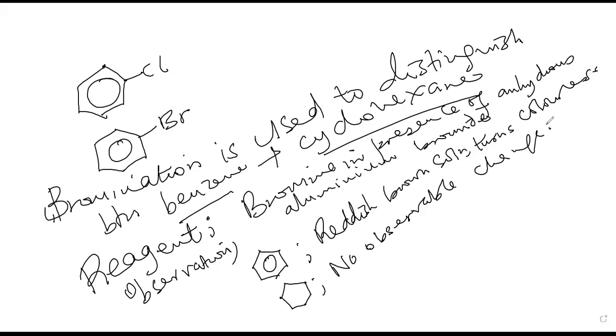I want you to note that if you are to carry out halogenation using iodine, it is done by refluxing benzene, iodine, and conc nitric acid. So the substitution of iodine is not carried out in the same way.